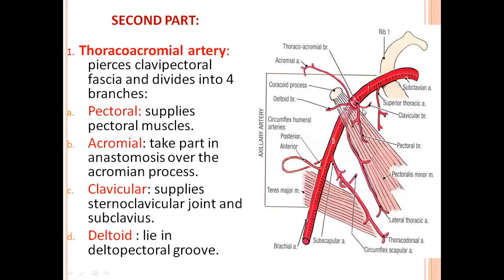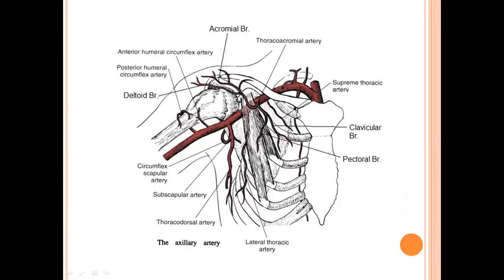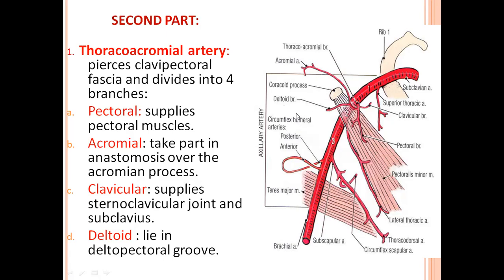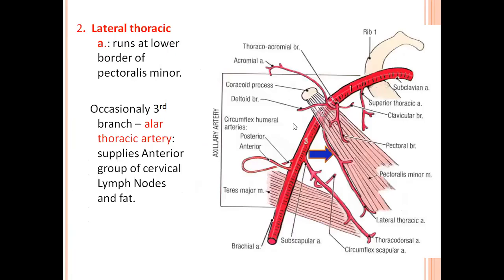It goes towards the clavicle, giving the clavicular branch. It goes towards the deltoid muscle, that is the deltoid branch. The deltoid branch is actually seen in the deltopectoral groove, the groove between the deltoid and pectoralis major muscle.